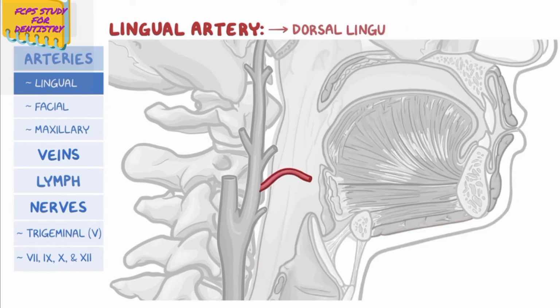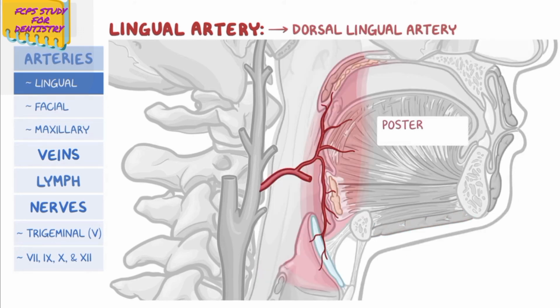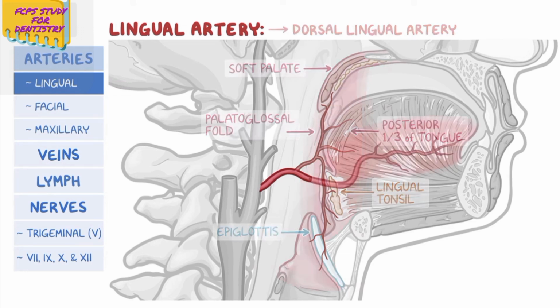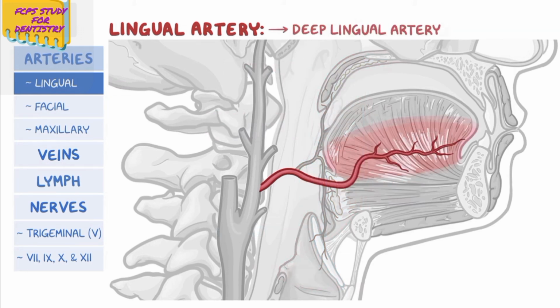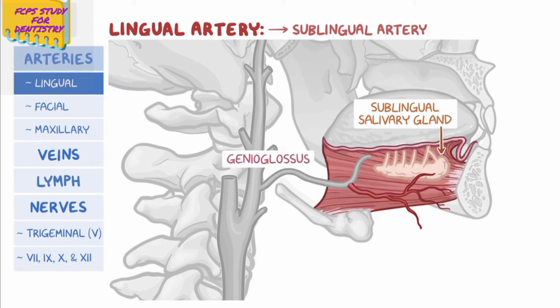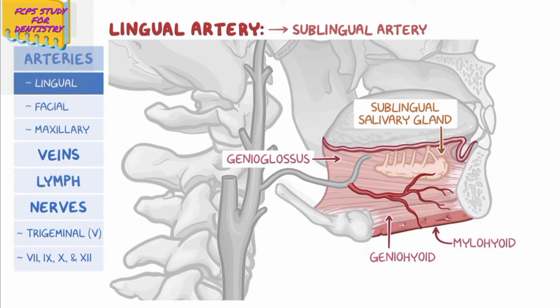The dorsal lingual artery supplies the posterior 1/3 of the tongue, soft palate, palatoglossal fold, lingual tonsil, epiglottis. The deep lingual artery supplies the tongue's ventral surface. The sublingual artery supplies the sublingual salivary gland, the genioglossus, geniohyoid, and mylohyoid muscles, and the mandible.